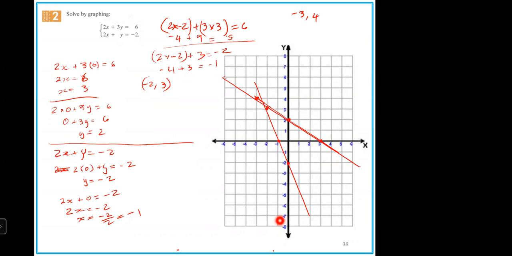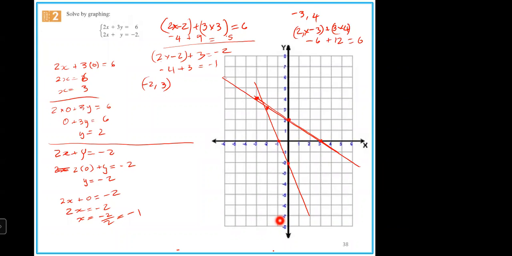And we can always check that and see if you have 2 times -3 plus 3 times 4, that's -6 plus 12, that will give you 6. All right, so that worked for that one.